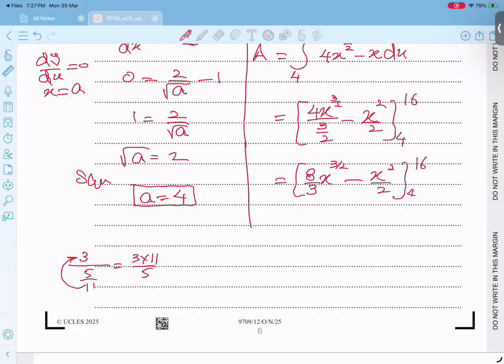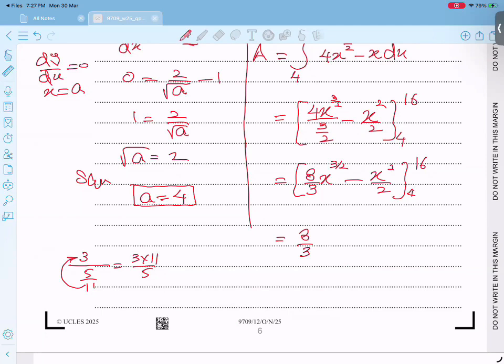When I replace the upper limit, let me check, I'm going to replace 8 divided by 3 times 16 to the power 3 by 2.